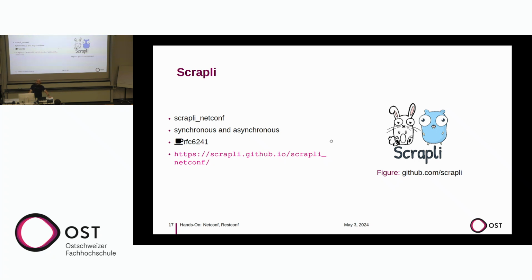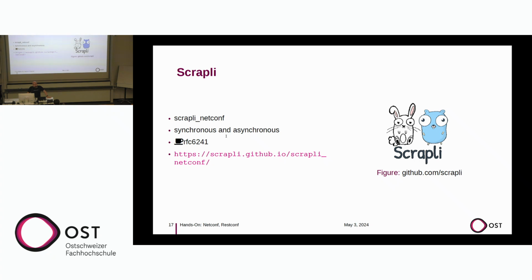Another option in Python would be scrapli. If you remember, this is an alternative to NetMiko, but scrapli has also a driver, a device driver for netconf, so we could use it as well. It is similar to the other drivers for the CLI from the feeling we have, and one of the big differences is scrapli would support async and synchronous Python code.